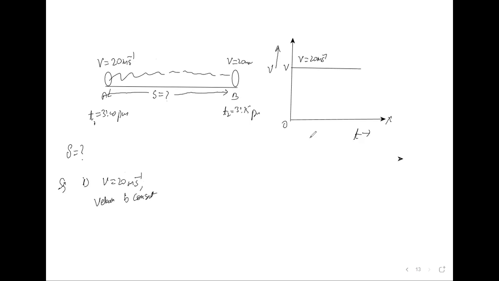Now we will plot the time along the x-axis: 1 p.m., 2 p.m., 3 p.m., 4 p.m. Suppose that this is 3:15 p.m. This is the time interval in which we will calculate our displacement.